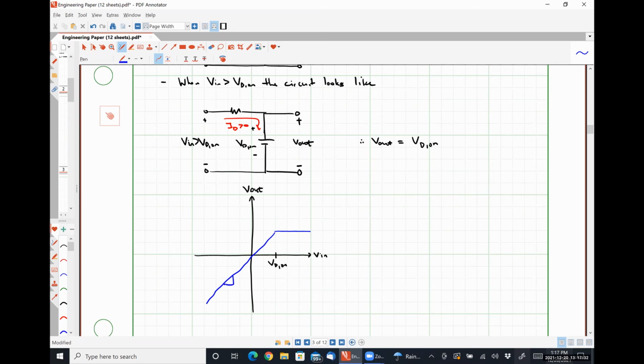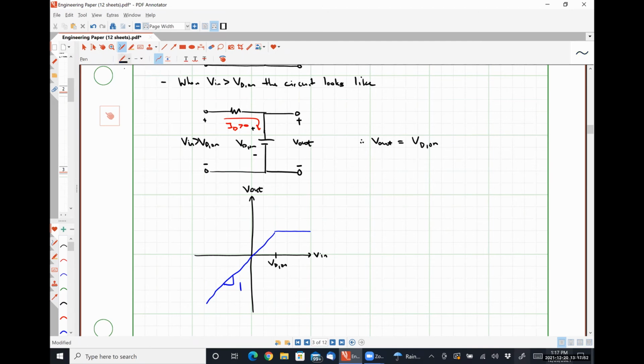What should our slope be? What's the slope of the diagonal line going to be? 1, because the output voltage follows the input voltage.